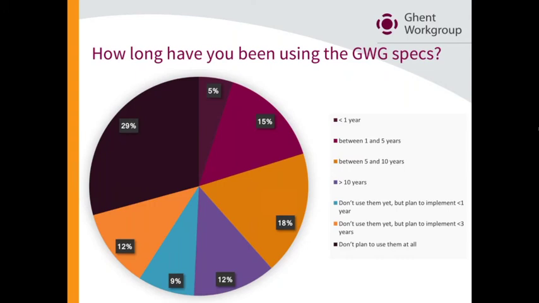So all in all, when you look at the people in this chart who are using those specifications, the answers are already very good. If you look at what people say in terms of, I'm not using them today, but we're looking at implementing them within the next year or within the next 3 years, then the results are completely good.